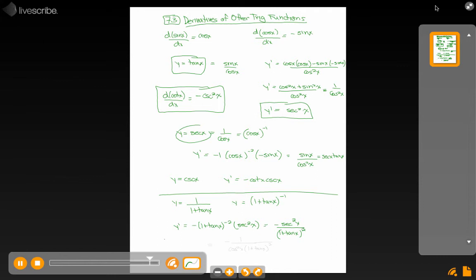That would be an acceptable answer. You may also see that as negative 1 over cos squared x times 1 plus tan x in brackets squared. So you could do various things to simplify that, but you could use that now to find slopes of tangent lines and all the things we've used derivatives for in the past.